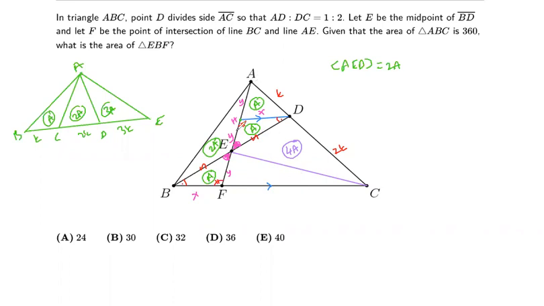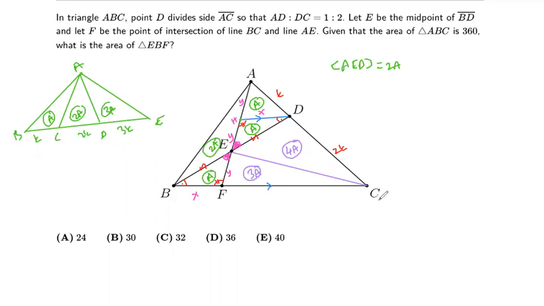So if you take AEC, this triangle, and ECF, they share this common vertex. The area of this region is 6A, and the base is 2y, and the base of this is 1y, which means half of this region should be this region, which is going to be 3A.